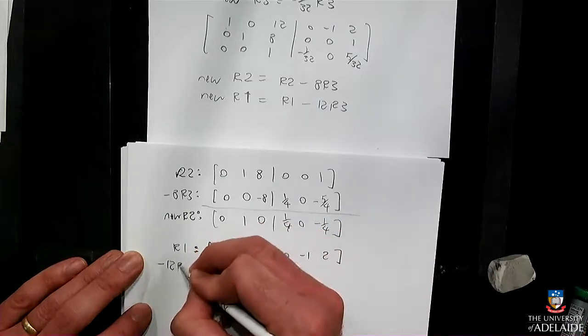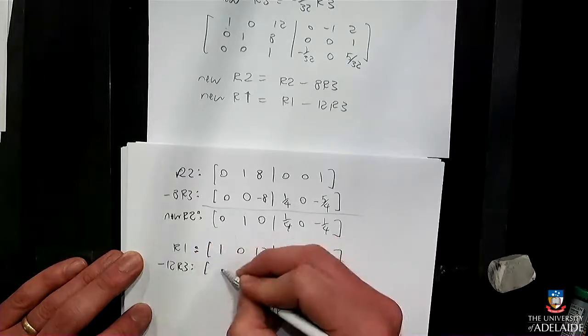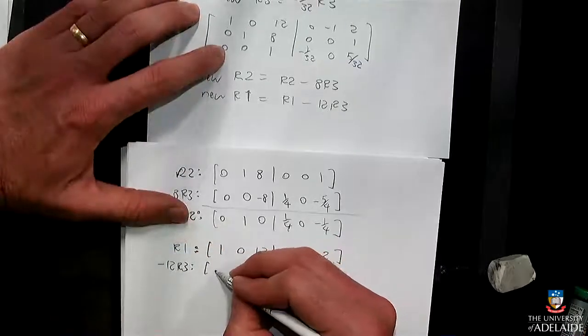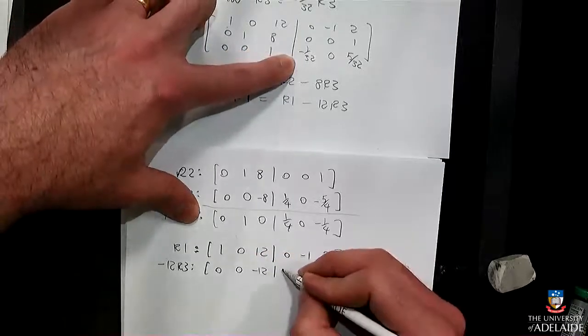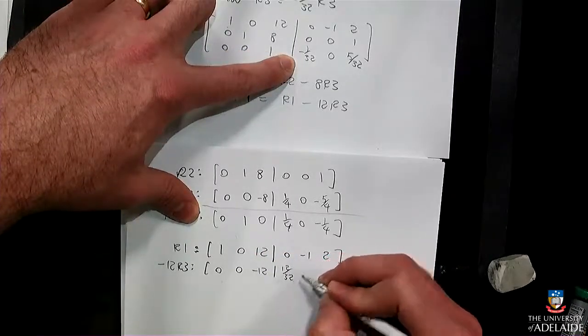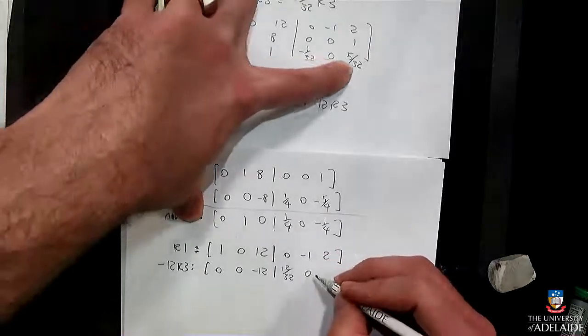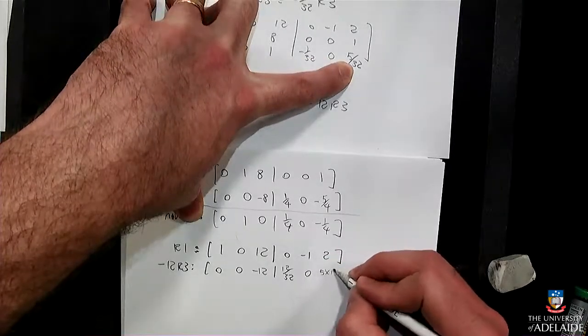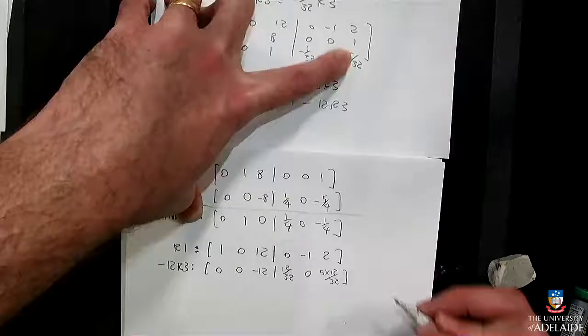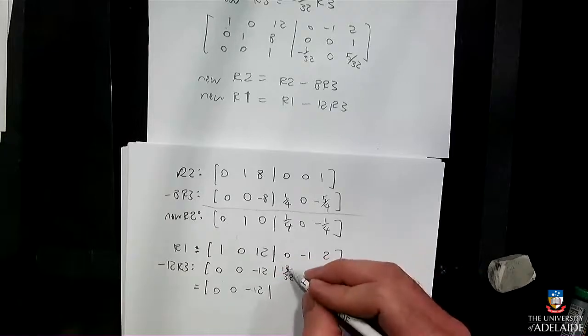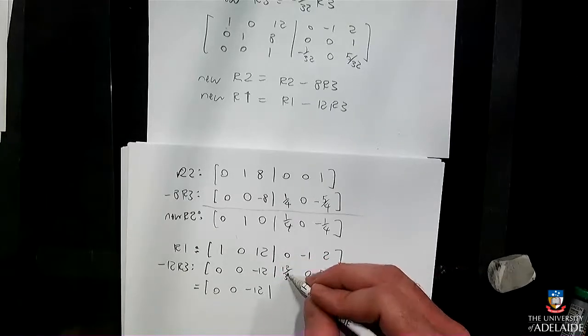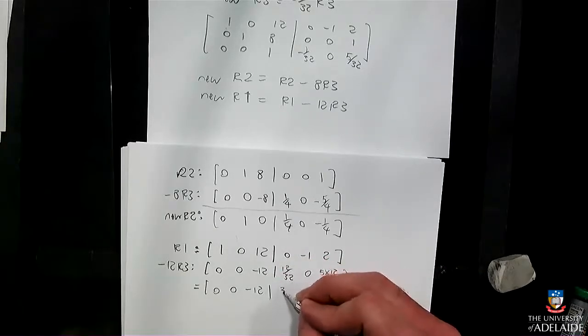Minus 12 of row 3 was 0, 0, minus 12. Whatever 12 on 32 is, 0. And whatever 5 lots of 12 on 32 is. Okay, I'm just going to figure that out. 0, 0, minus 12. 12 on 32, we could divide both of them by 4, and that'll give me 3/8.